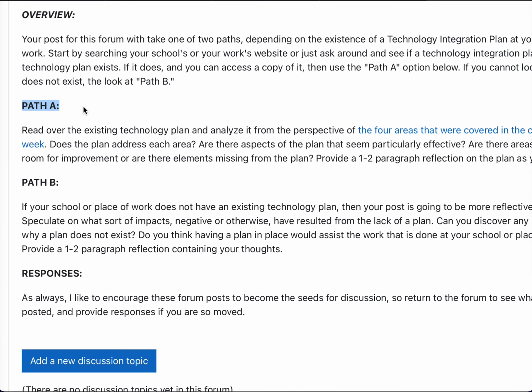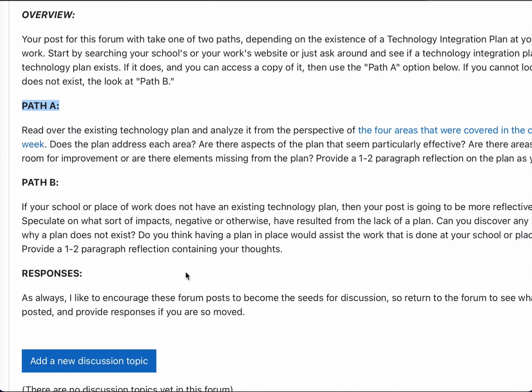So if you can find one, then your job is to look at it and respond to it. On the other side, you may find that your school or your district or your business doesn't have any established technology plan. In which case you're going to have to be more reflective and speculate on how you think that has impacted your school or your classroom or your place of work.